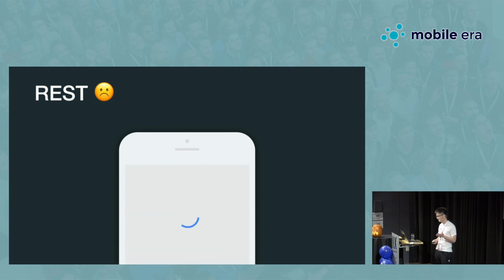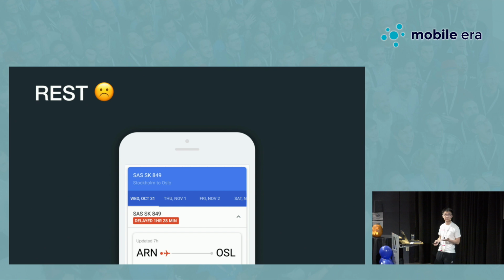Let's refresh to get the latest status. And oh, my flight status has changed, and my flight is now 1.5 hours late. Look how inconvenient this experience is. In order to stay up to date with my flight status, I have to manually refresh again and again.